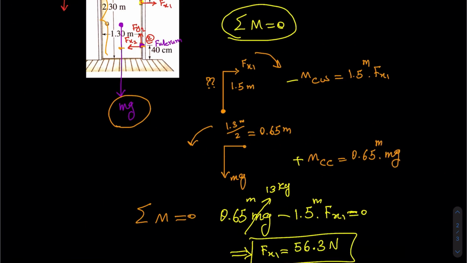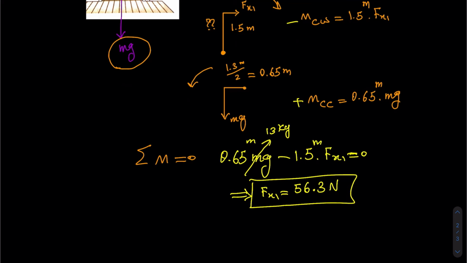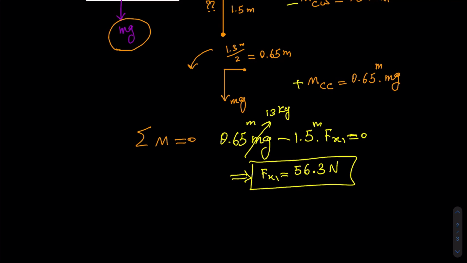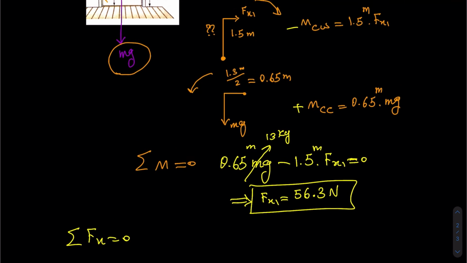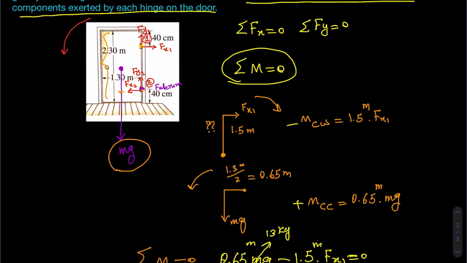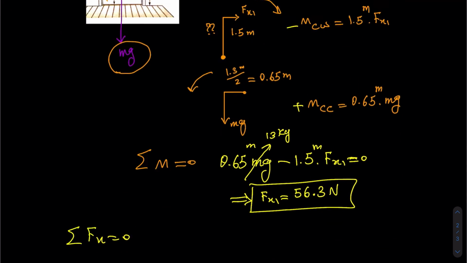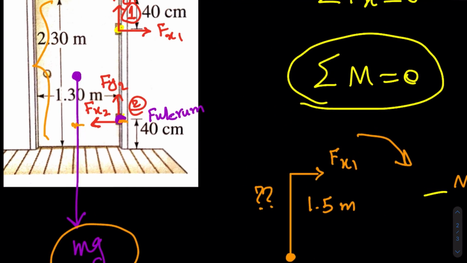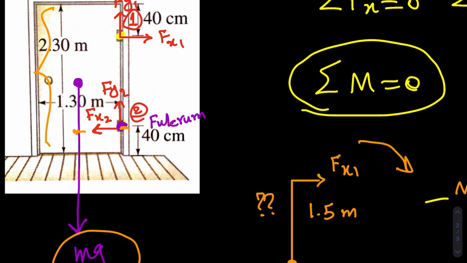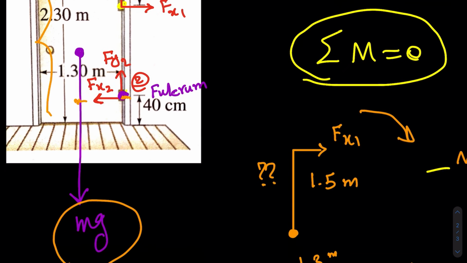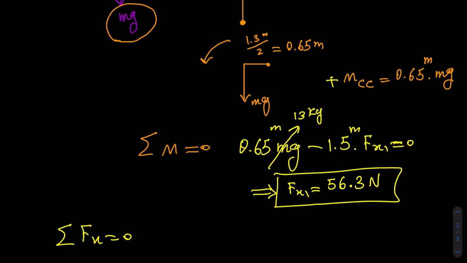Now we will use the first condition of equilibrium, sigma fx equal to 0, to calculate fx2. Forces heading to the left are negative, and forces heading to the right are positive.